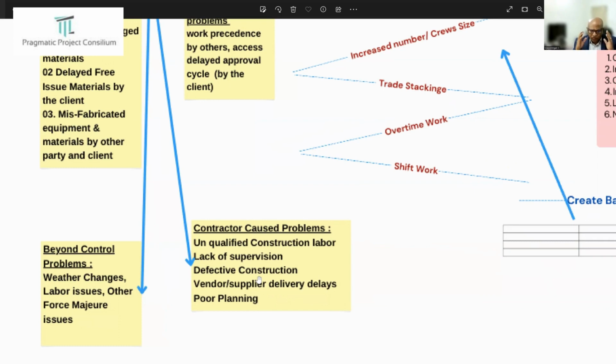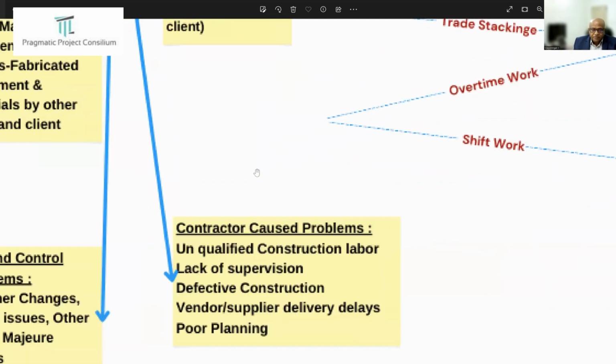And coming to the contractor-caused problems, the contractor sometimes brings unqualified labor, lack of supervision, defective construction, vendor supply delivery delays, and poor planning. These are all the main secondary causes.